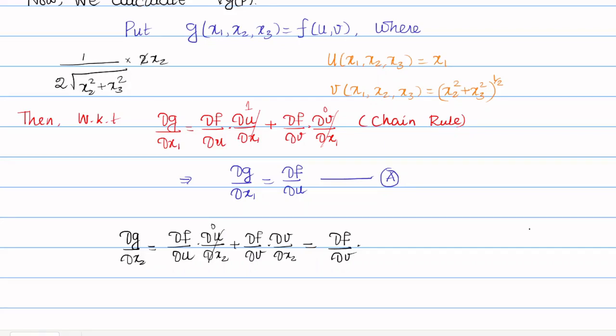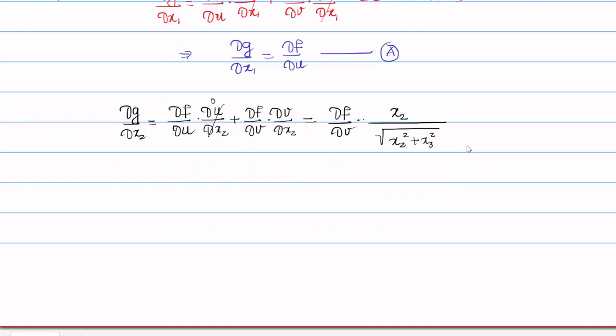So 2 can cancel. So dou v by dou x2 is equal to x2 divided by square root of x2 square plus x3 square.